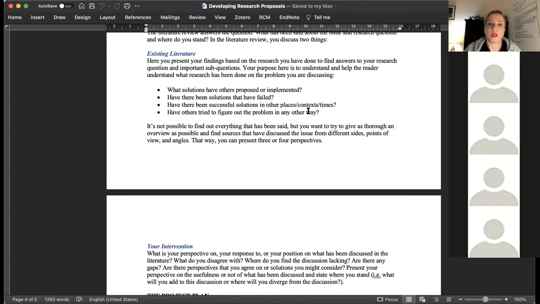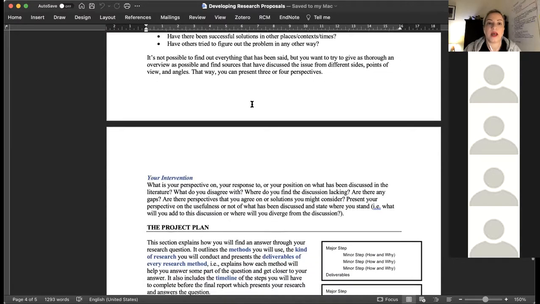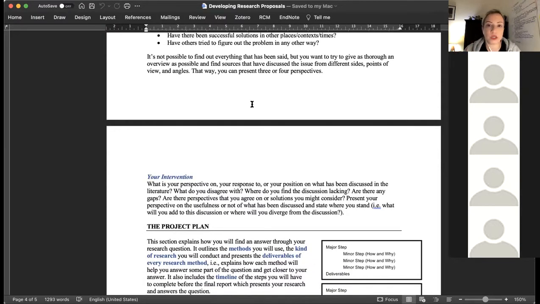I'm sure you can find a lot of research that talks about such implementations around the world, and whether they failed or succeeded in different places, contexts, times, what were the challenges, and what were the difficulties of implementing this, okay? It is not possible to find out everything that has been said, but you want to try to give it as thorough an overview as possible. Try to find sources that have discussed the issues from different sides.